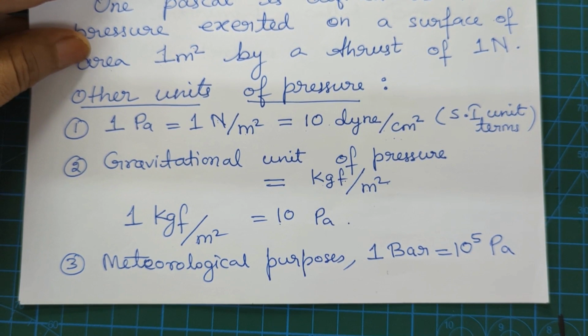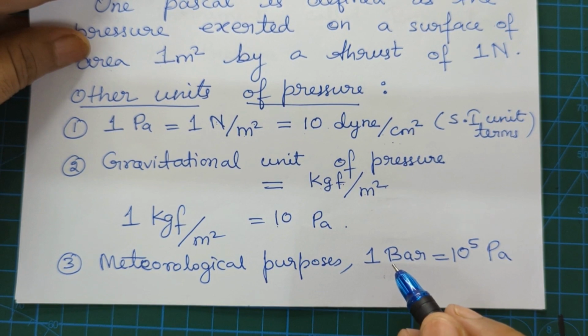When in the barometer the mercury level is 76 centimeter, then we say that barometer is placed at normal atmospheric pressure, means at sea level. So pressure is measured using a device called barometer. For meteorological purpose, pressure is measured in terms of bar. Maybe this is a part of barometer in that way.